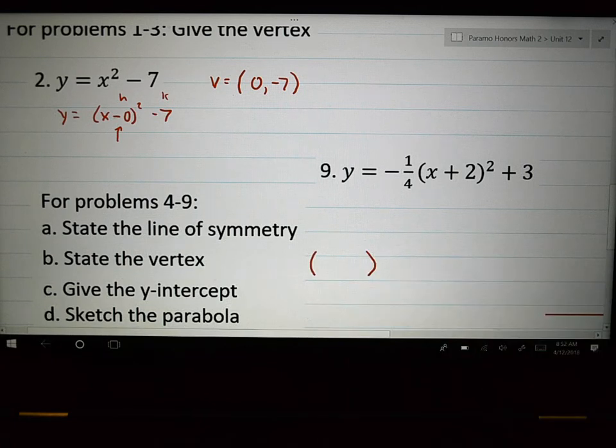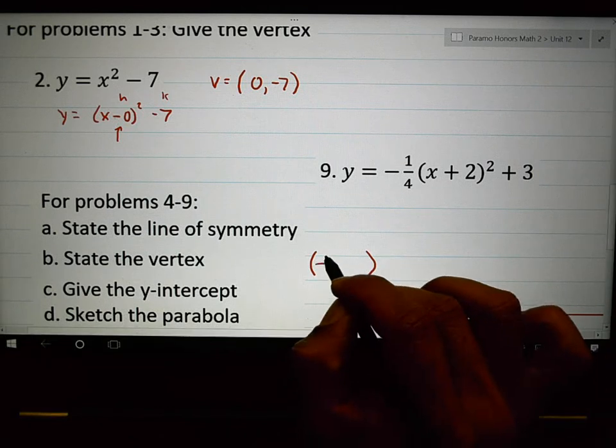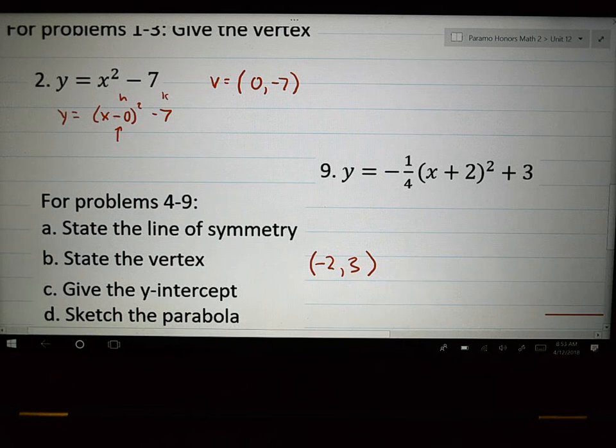Okie dokie. So let's check and see. How many of you said that the vertex was negative 2, 3? Raise your hand. Ooh, that's a lot more. That's over half. I think I got about 60 or 70% this time, which is a good thing. If you said positive 2, positive 3, you were on the right track. You were close.